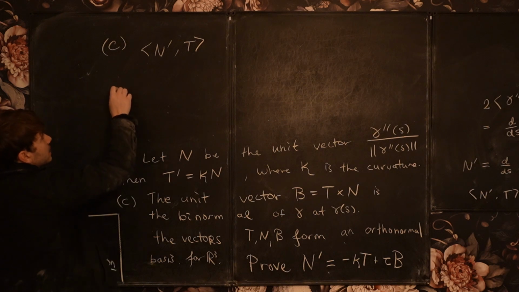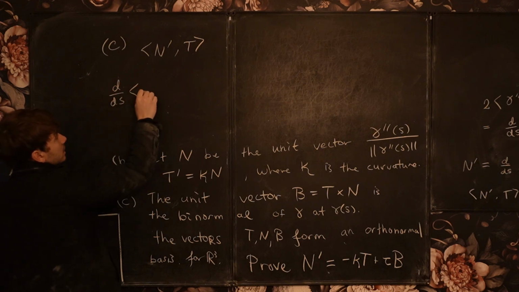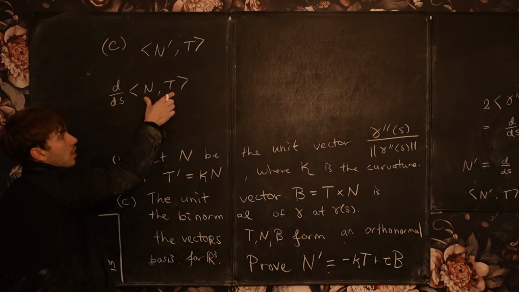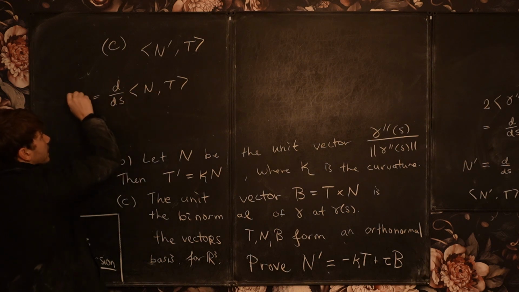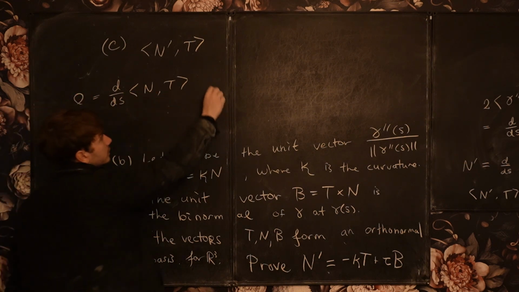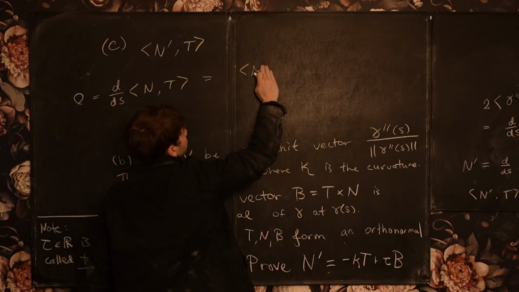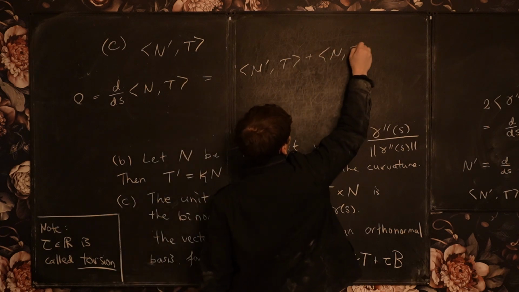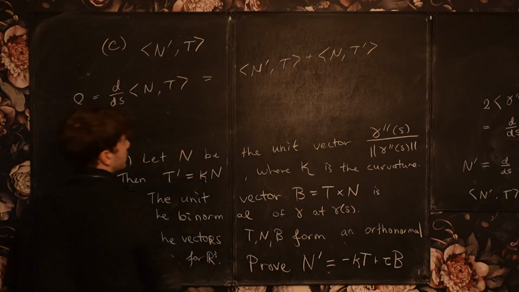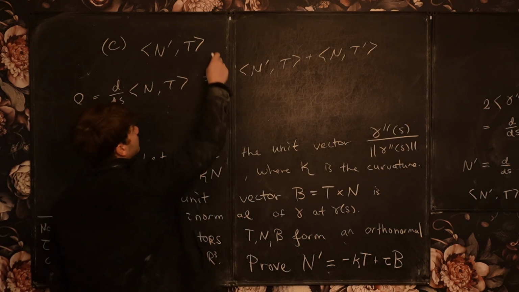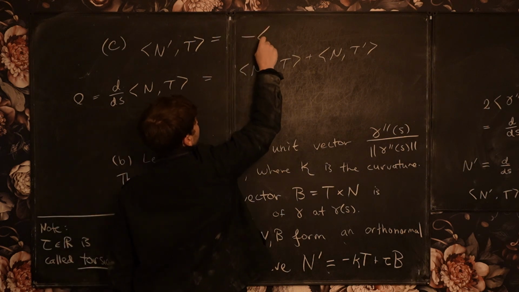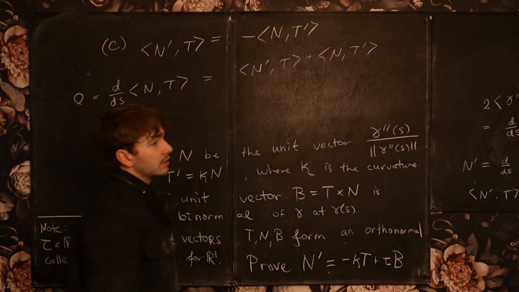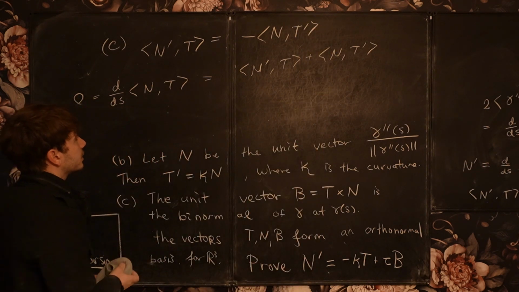Notice that the derivative, d over ds, of the inner product of n and t, well these are orthogonal always, so this is always 0. On the other hand, if I use the product rule here, this is n prime inner product with t plus n inner product with t prime. So what this tells me is that the inner product of n prime and t is the negative of the inner product of n with t prime, okay? All right, and so now we're on a good track here.